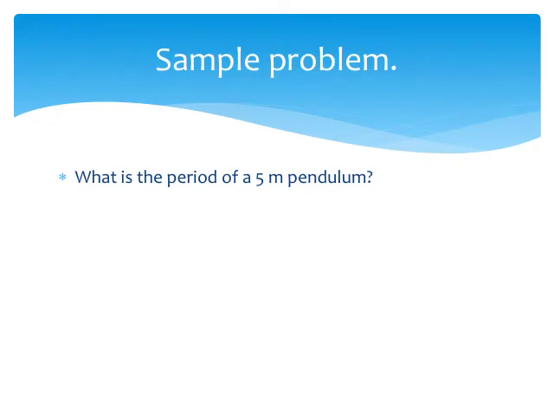First one uses the equation as it is. So our knowns, our length is 5 meters. And gravity, even though it's not given to us, we always know is 10 meters per second squared.